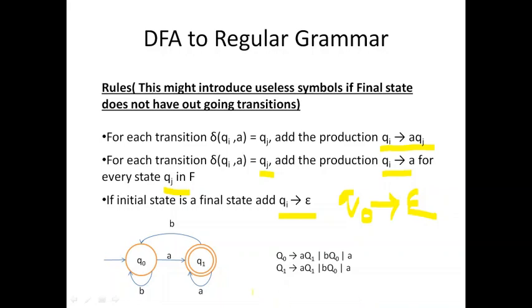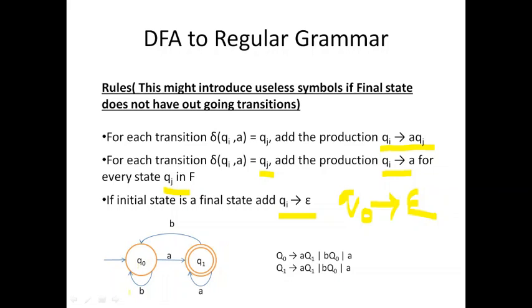Let us look at an example here. You have a DFA with two states Q0 and Q1. First we will consider Q0. For each state you will have non-terminals. Corresponding to Q0 we have capital Q0, and for Q1 you have capital Q1. Now, corresponding to Q0, you see that it has two transitions, and one transition is leading to a final state.